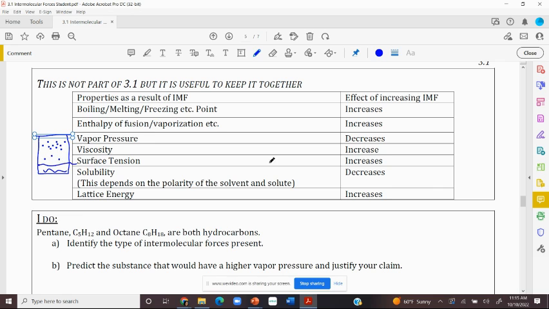Surface tension, that is the tension on the top of a liquid. As we increase IMFs, we increase surface tension. This is what allows bugs to walk across water, for example. You've probably tried to float a paper clip; we did that as a lab if you had me for chem. And detergents interfere with that surface tension and reduce it, allowing stuff to mix together that wouldn't otherwise.